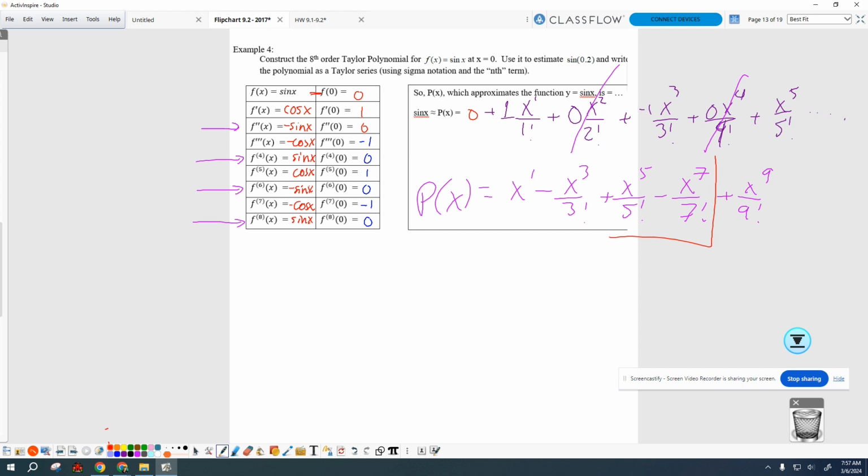So the 7th order and the 8th order for sine are the same. They're not going to make a big deal about it. Just order is usually equal to degree, not always. We want to use this estimate to approximate sine of 0.2.